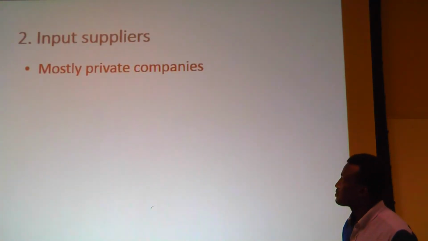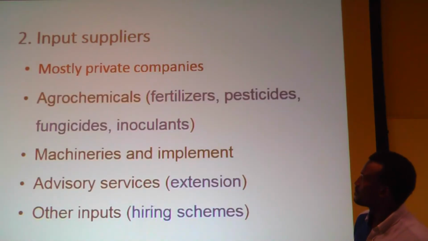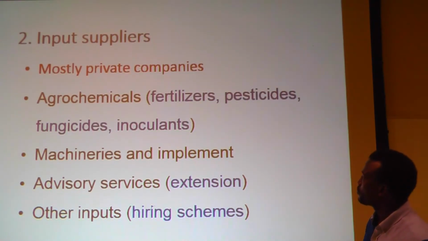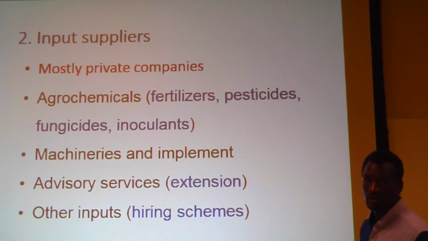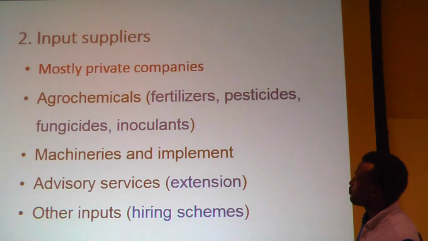Input suppliers. These are mostly private companies that supply agricultural chemicals, fertilizer, pesticides, fungicides, and inoculants that are used to increase or enhance agricultural production. They also supply machineries and implements for tilling the land and also for processing.